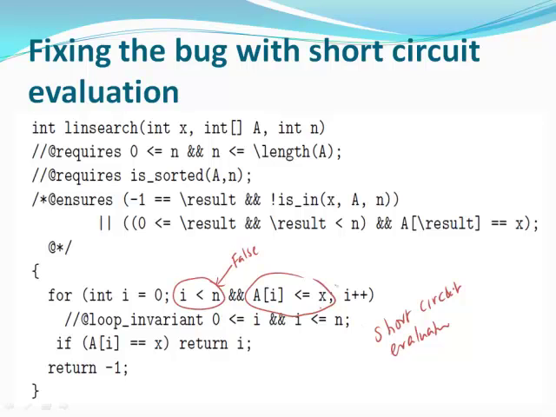Therefore we never run into trying to access an out of bounds array element. So having that i less than n will save us from this sort of error.